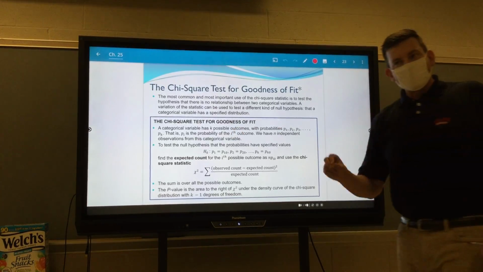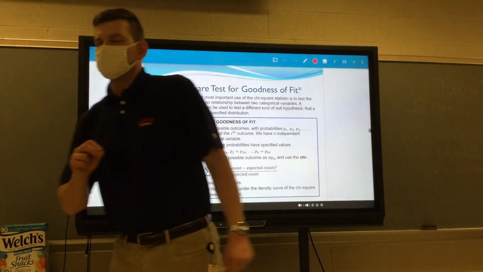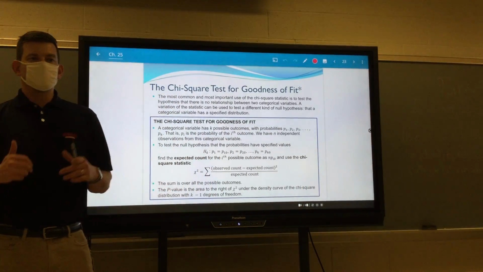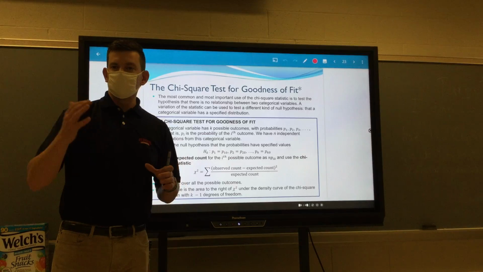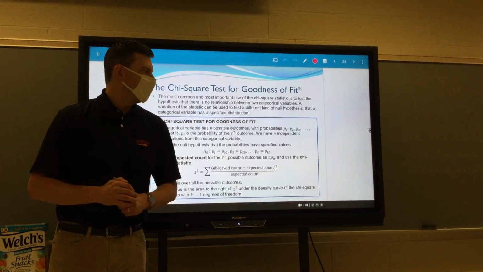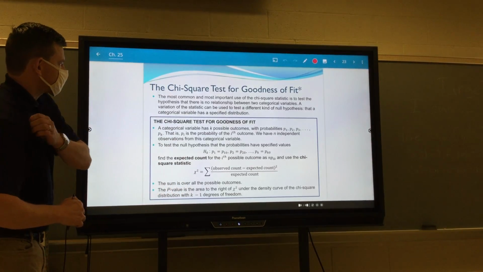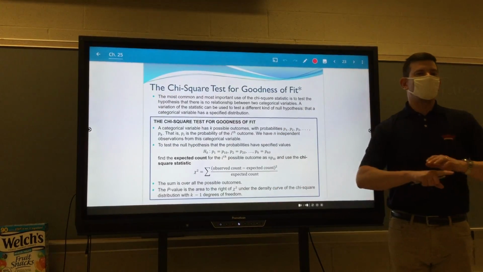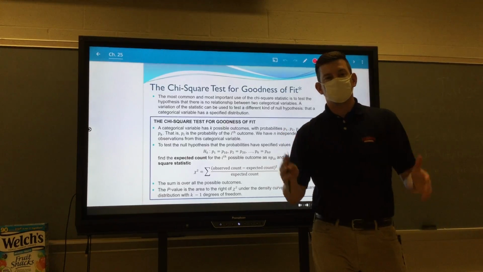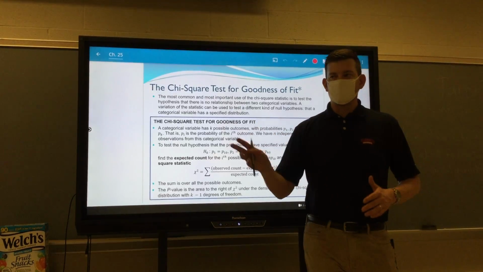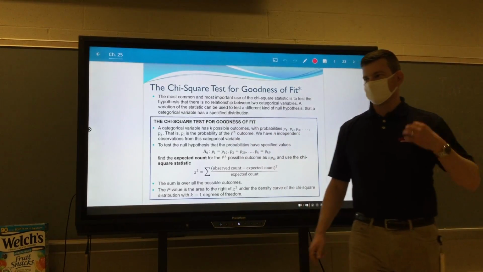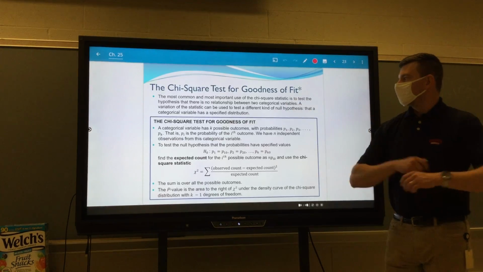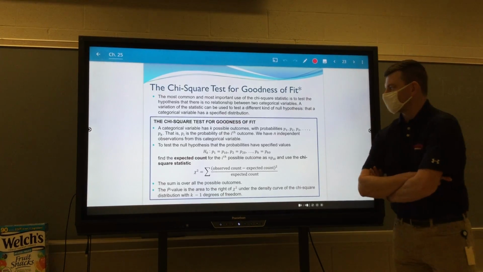All right, our last type of chi-square test is called a chi-square GOF, goodness of fit test. Now, this is less common than the other two that we've seen, but chi-square for independence is by far the most common. A little less common than that is the homogeneity. Goodness of fit, even less common.